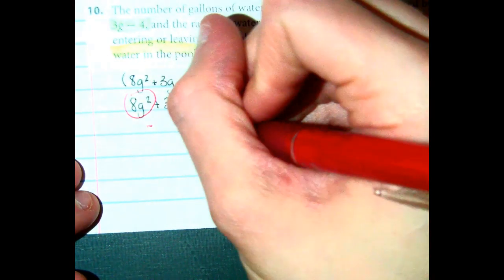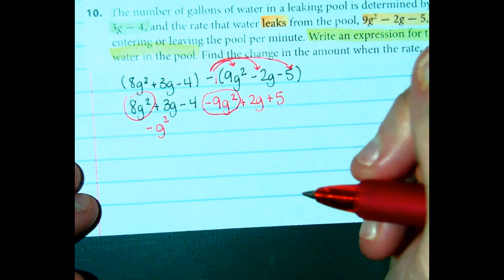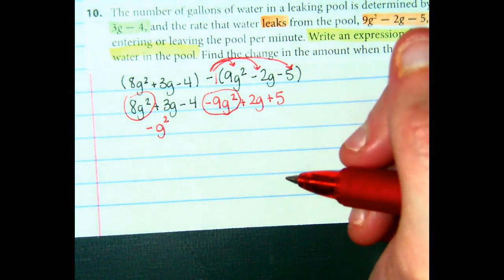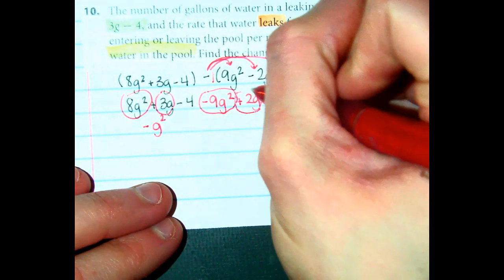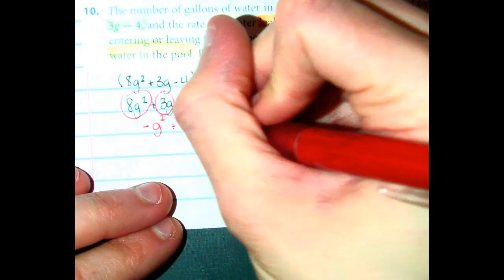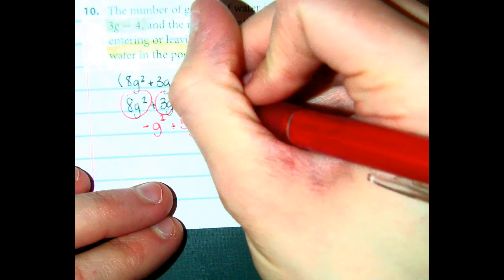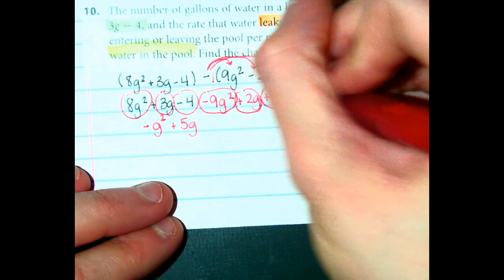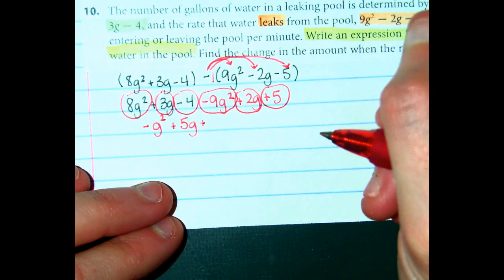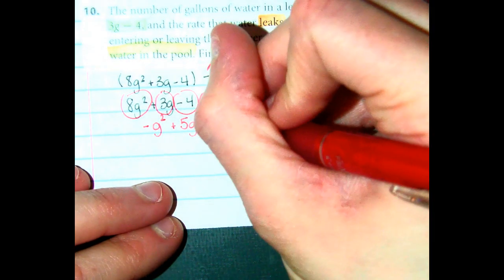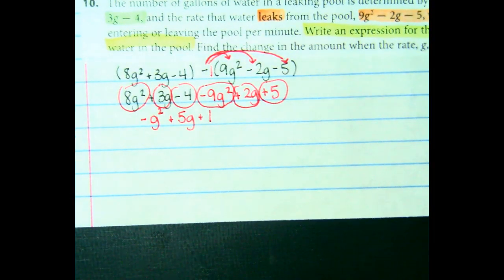Negative what? Negative 1g squared, or just negative g squared. Do I have any other like terms? 3g and 2g. What's that? And negative 4 plus 5. Plus 1. Am I finished with that problem?